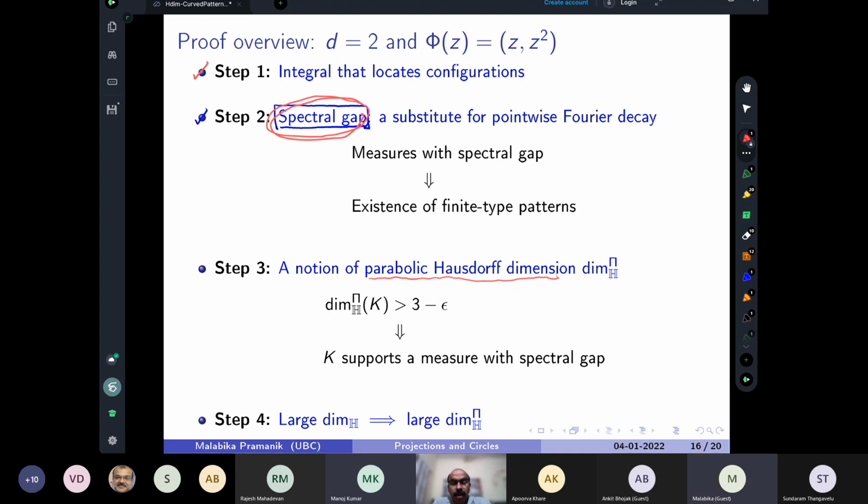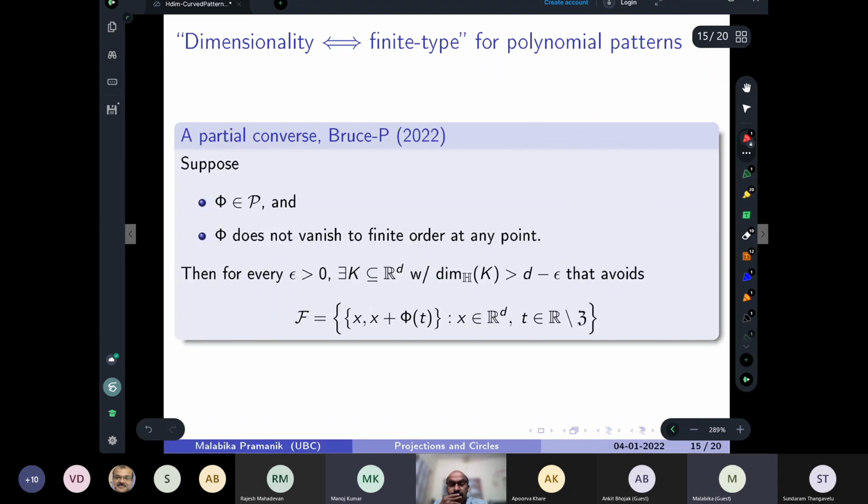Okay. And something that was not present in their work at all is new is this converse, because Kuca, Orponen and Sahlsten's work was really about proving the positive direction.